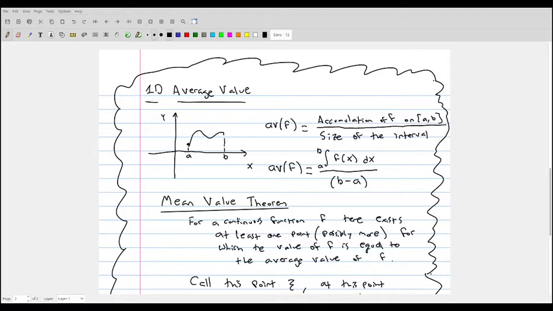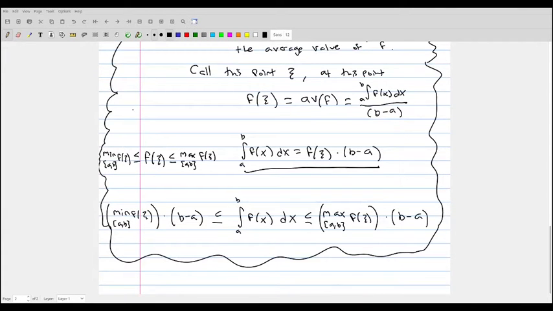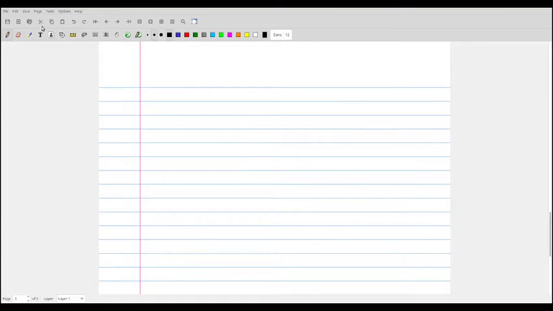So this idea of average value and the mean value theorem are directly extendable to functions of two variables for the double integral. So we'll go through and figure out first what the average value of a function of two variables is going to be, and then go through and state the mean value theorem for this.